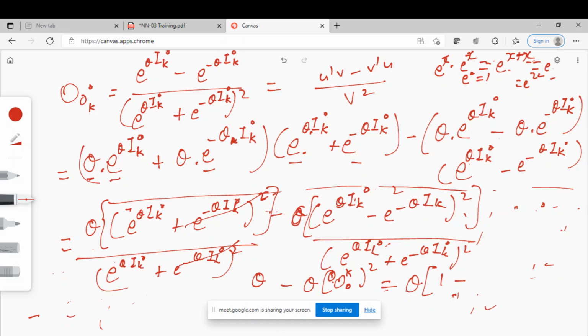And when you differentiate for this is what we got: theta into 1 plus ok minus into 1 minus ok. When you differentiate this, what you get is this. Are you getting? So we got this. So this is dou Ek by dou Wjk.